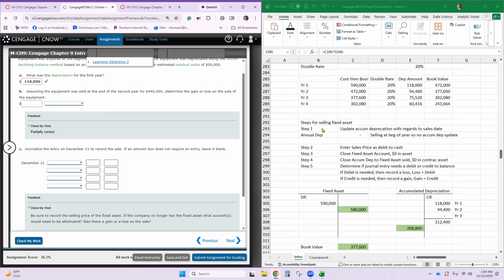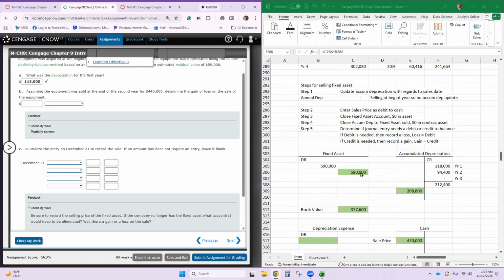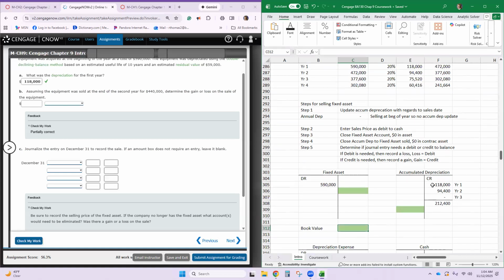All right, so here we are. The first year is $118,000, and the second year is $94,400.